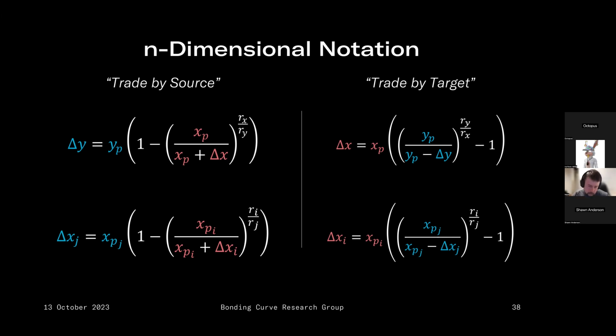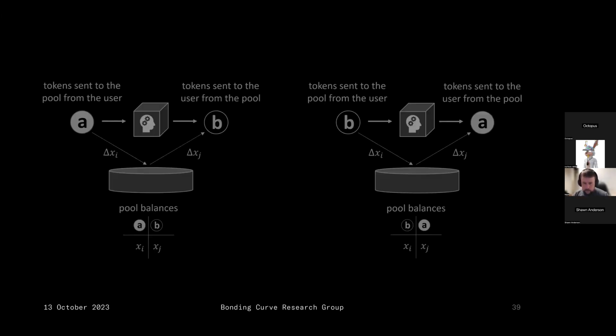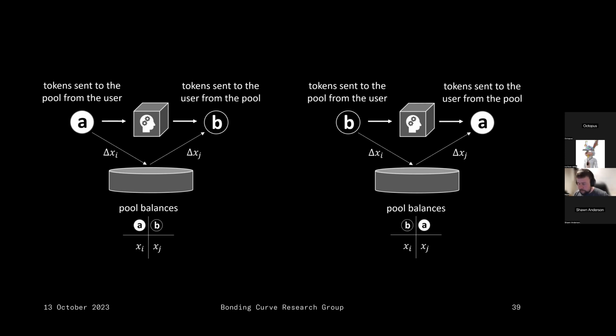Perfect. Okay, so if you remember this slide from the last lecture, this used to be x and y, but now we're using x sub i and x sub j.